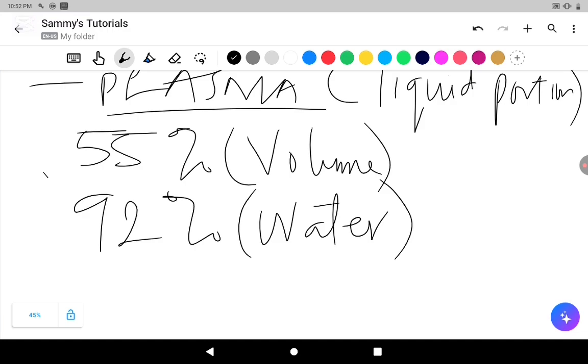That means 92% of the plasma is made up of water. So how many percent left? If it's 100, 8%. So it contains other elements in that plasma apart from the red blood cells, white blood cells, and blood platelets, which are the formed elements I named for you. So the plasma is made up of water and other substances.